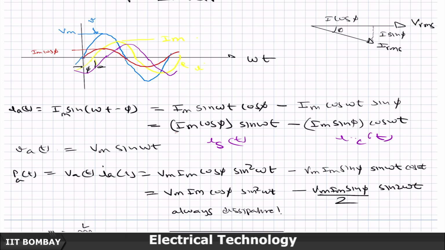So, I have got the red as the IS of t and the pink as the IC of t.